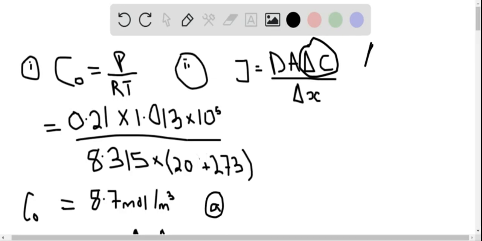The formula for calculating the change in concentration is 1 over 1 divided by 2 C. From the first question we found our C, which is 8.7 moles per meter cubed, so we'll substitute that value for C. So we'll have 1 divided by 2 multiplied by 8.7.